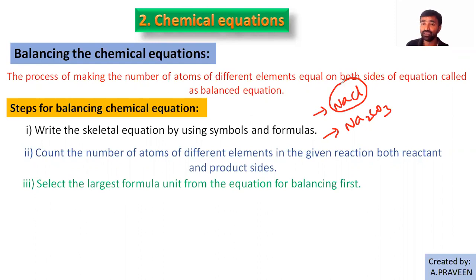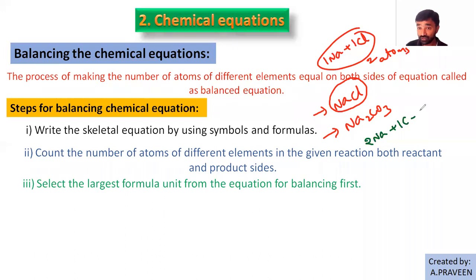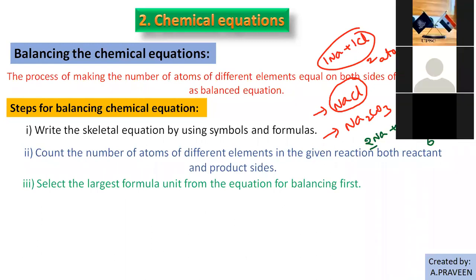In NaCl, one Na atom and one chlorine atom, so totally 2 atoms. Now Na2CO3: 2 sodium atoms, 1 carbon atom, then 3 oxygen atoms. Totally it consists of 2 plus 1 plus 3, 6 atoms. Are you clear about this? What have I written?